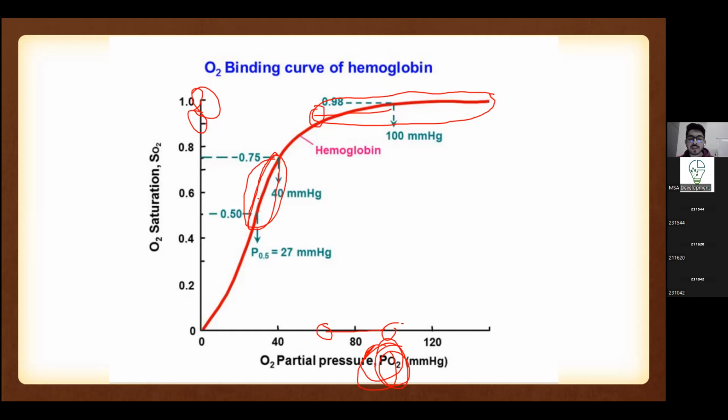So what happens here is that when hemoglobin is giving out O2 to the organs, it is going to lose some saturation. So let's say saturation might drop from 0.75 to 0.5, for example.